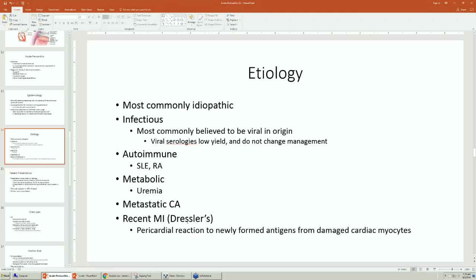And then a recent MI, we get this so-called post-cardiotomy syndrome, where after an MI or even after cardiac surgery, the patient has a pleural pericarditis, comes back to the hospital complaining of pleuritic type chest pain, very severe pain, and we have that happen a lot on people who have some kind of open heart surgery, go home, and they've been home for 3 or 4 weeks, and all of a sudden they think, oh my goodness, something's happened, and they wind up back in the hospital, and no one knows what's going on because they may have had surgery at a different hospital, and frequently it's not diagnosed.